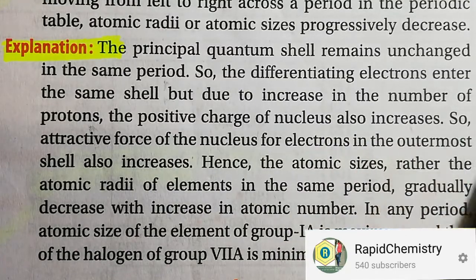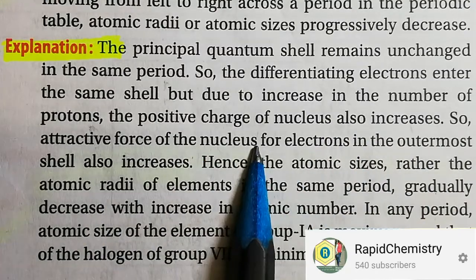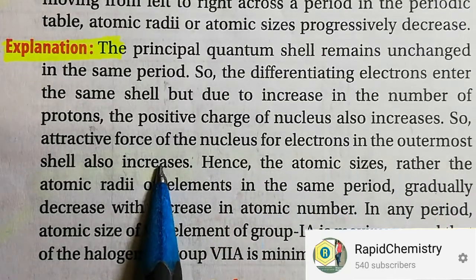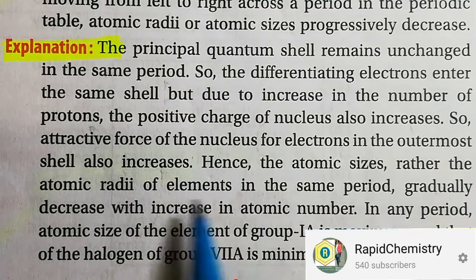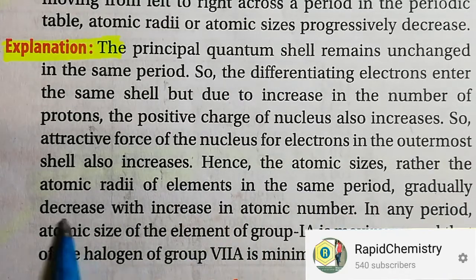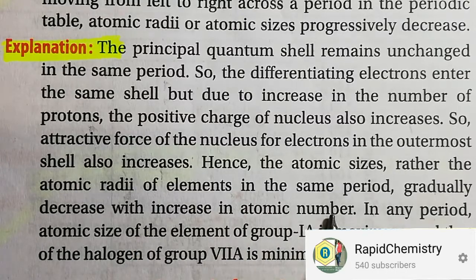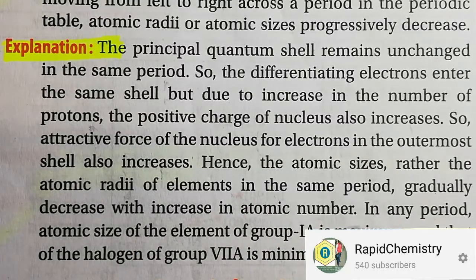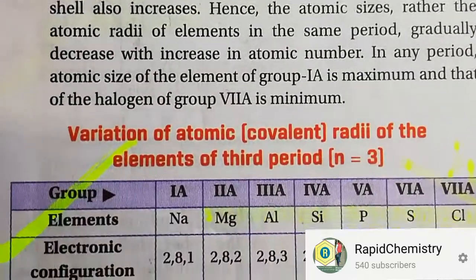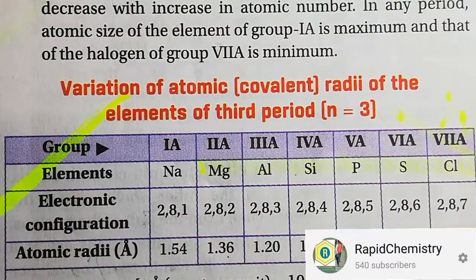So the attractive force of the nucleus for electrons in the outermost shell also increases. Hence the atomic size, rather the atomic radii of elements in the same period, gradually decreases with increase in atomic number. Hopefully you got it.